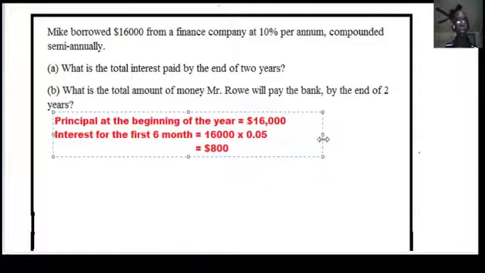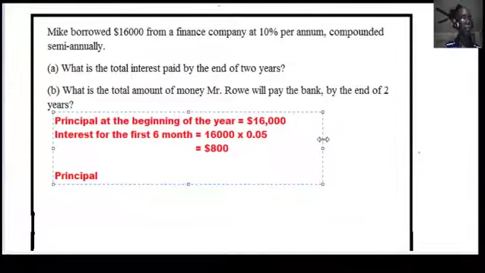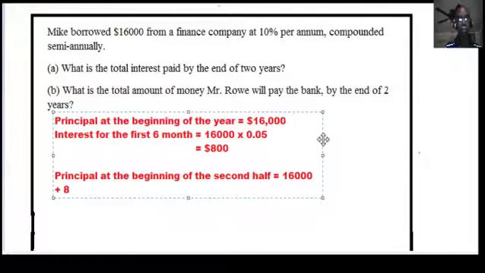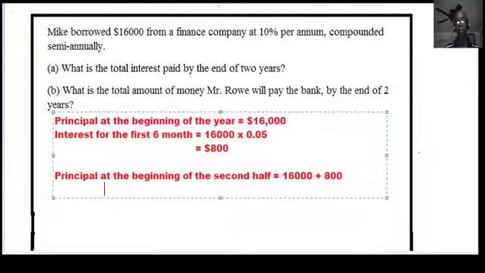This equals $800. Principal at the beginning of second half in year 1 equals $16,000 plus $800. This equals $16,800.